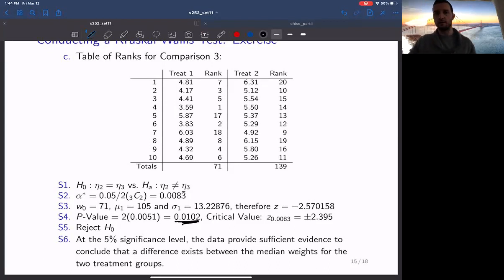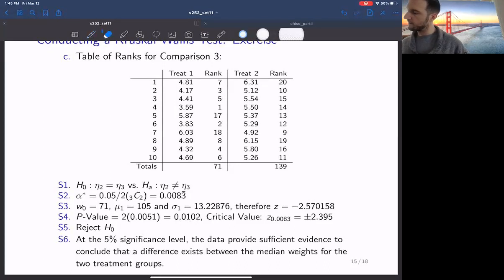It's very rare, but yeah, the p-value and the critical value approach don't agree here, which almost never happens.